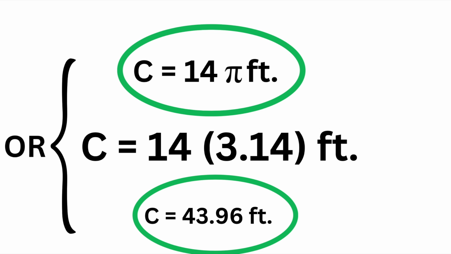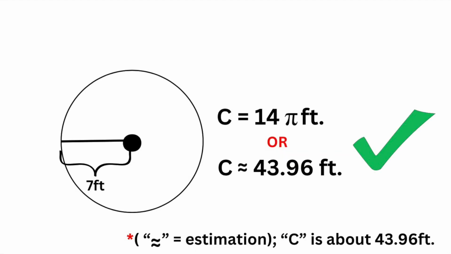So that would give us C, our circumference, equals 14 times 3.14 feet, and 14 times 3.14 is 43.96. And so there you have it. Our two ways of writing our answer for this problem, to find the circumference of this circle with a radius of 7 feet, would be C equals 14 times pi feet, or C, circumference, equals 43.96 feet.